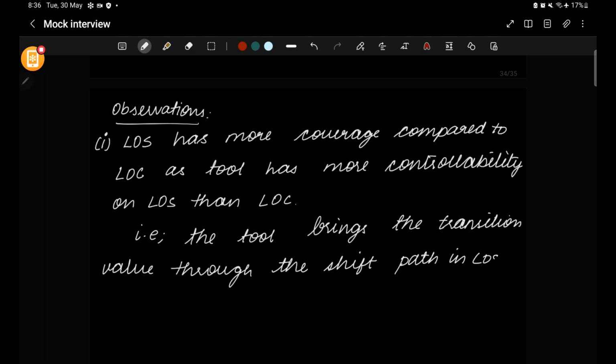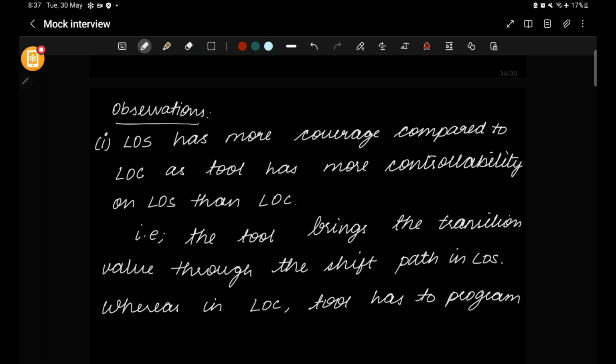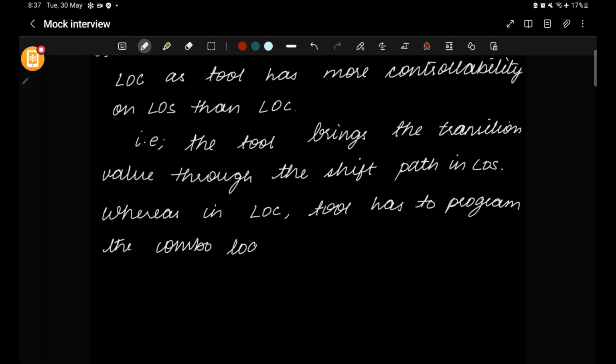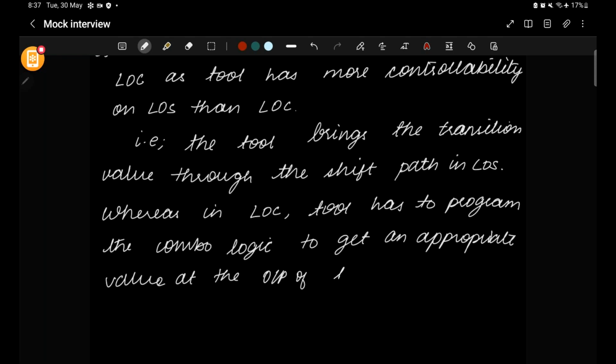Whereas in LOC, the tool has to program the combo logic to get an appropriate value at the output of the combo logic to create the transition.